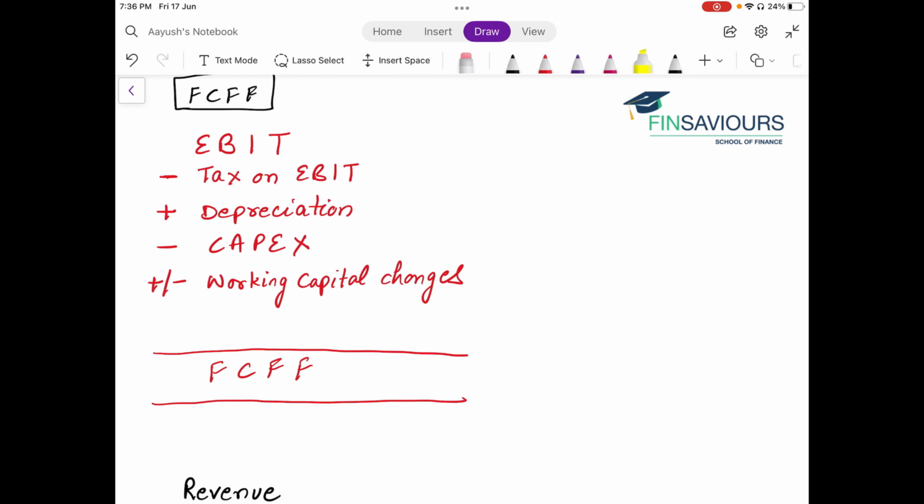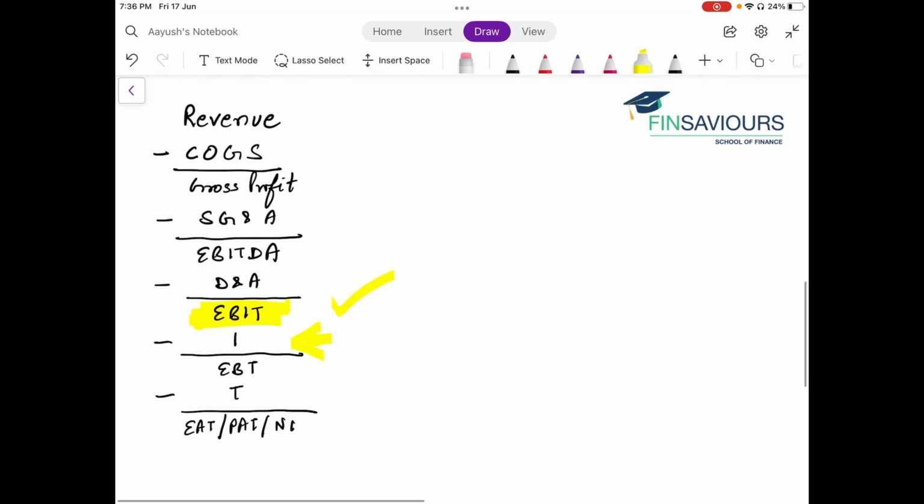My next question to you. Tax on EBIT. Now, we know this is your broad structure of income statement. My question is about the tax that you subtract here. Let us consider EBT to be 100, and let's assume tax at the rate of 30%.